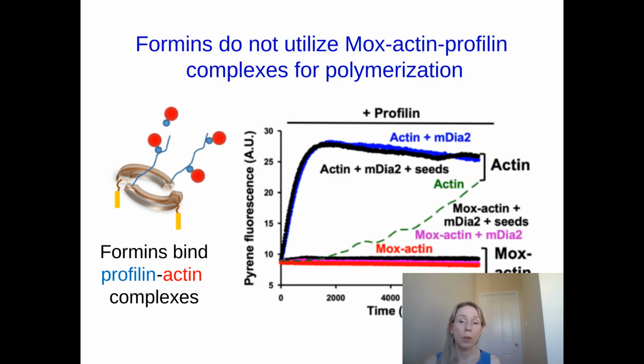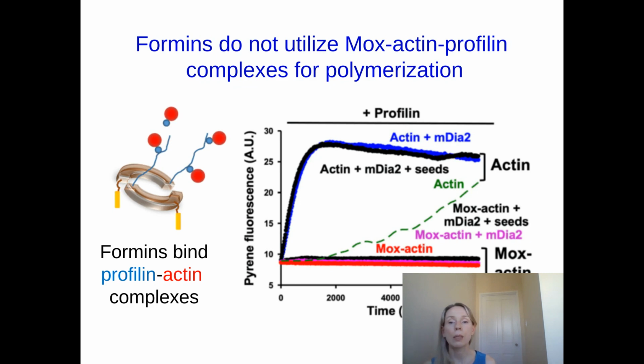And what this figure indicates, and this is our most recent data, is that no, we cannot really trigger polymerization of these oxidized actin-profilin complexes, even in the presence of formins, which act as nucleating and elongating factors.